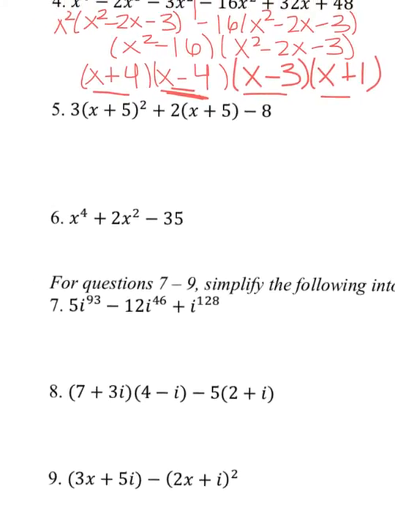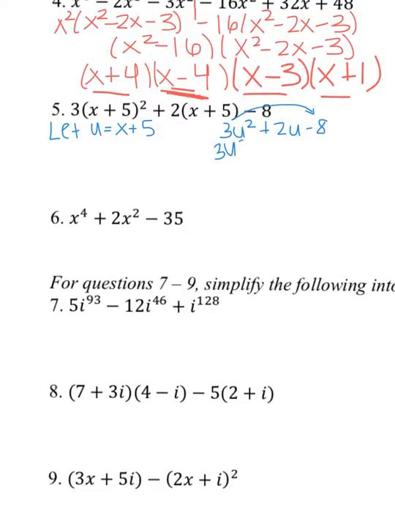Number 5, this is that weird factoring, right? So instead of multiplying everything out and wasting all of that time, what you can do is you can say, let u be x plus 5. That way now you're looking at 3u squared plus 2u minus 8, which would just be master product. So two numbers that multiply to be negative 24 but add to be a positive 2.